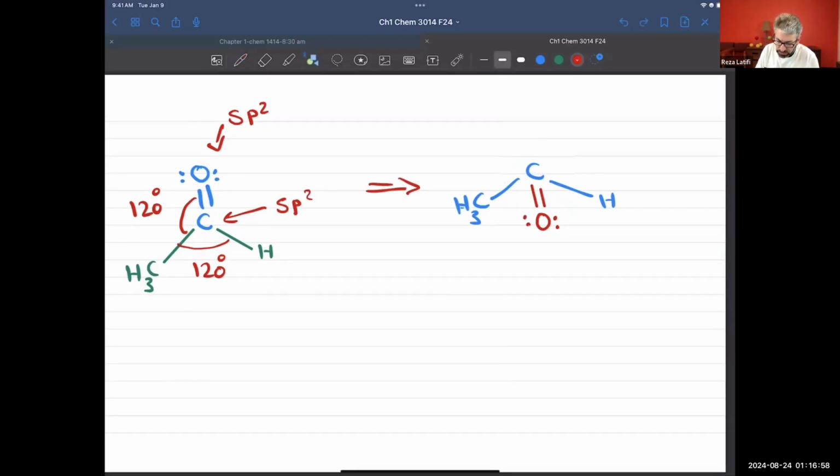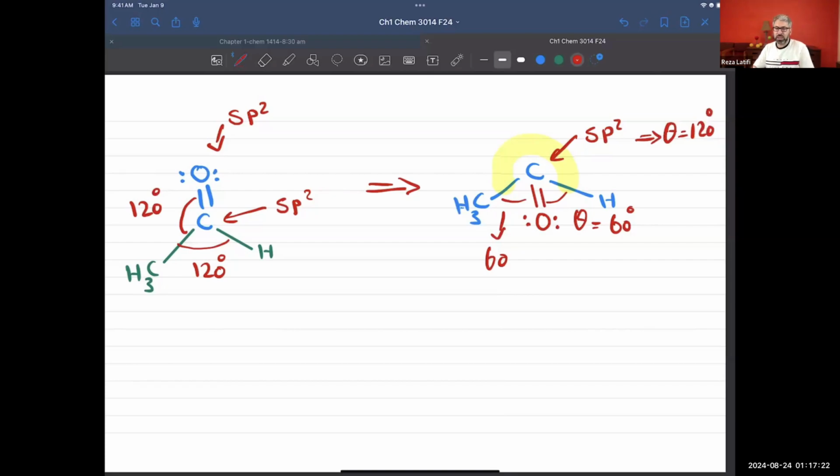Well, you made the bond angle here drop to something around 60, and the same thing here, around 60. Carbon has sp2 hybridization, so the expected theta should be 120, and it's not. That's the reason we say you need to follow the hybridization. You need to respect the bond angle based on the hybridization and also the lone pairs you are dealing with.